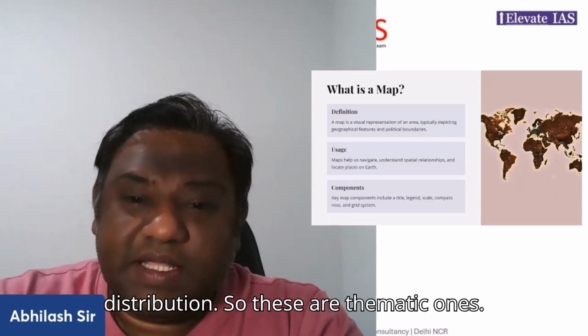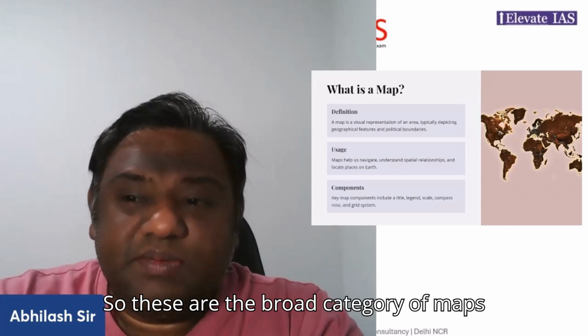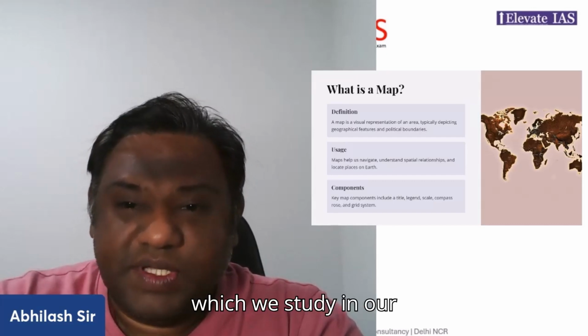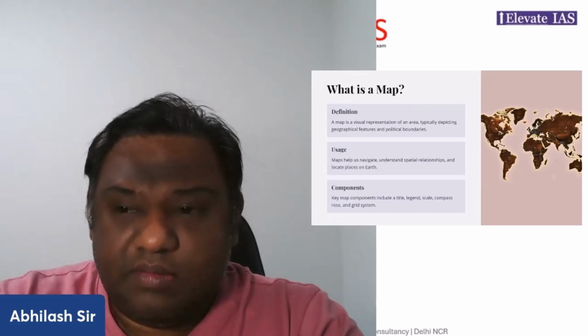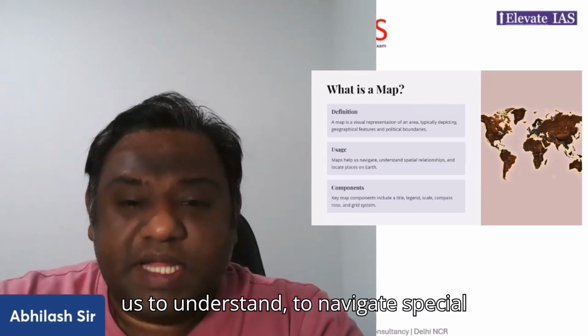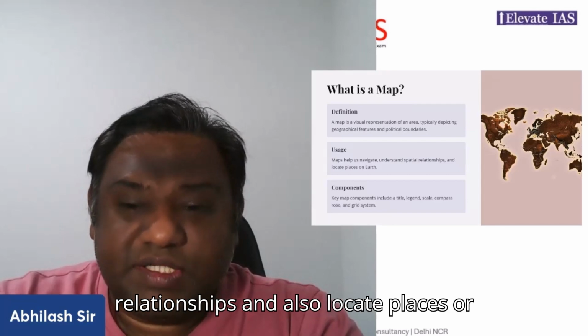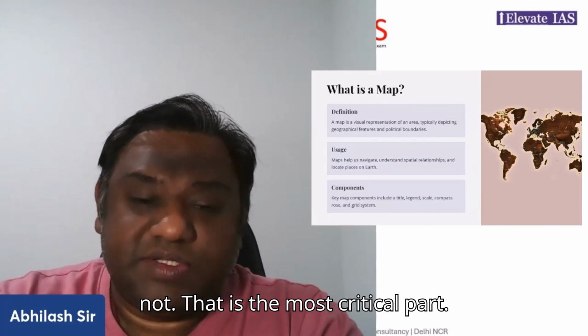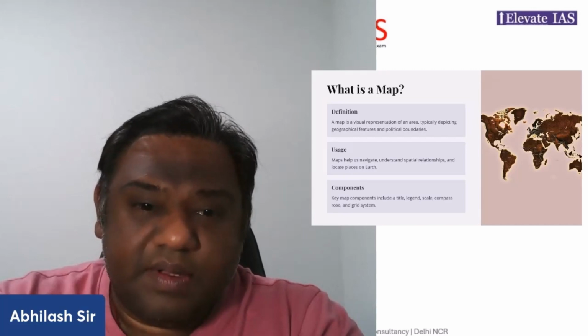These are the broad categories of maps which we study in our day-to-day life. Maps help us navigate spatial relationships and also locate places on Earth. That is the most critical part.